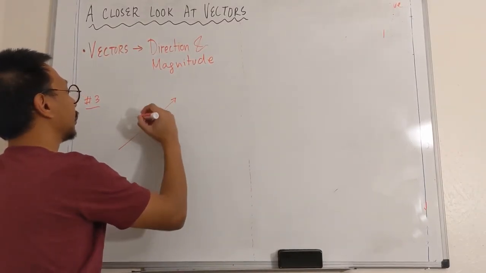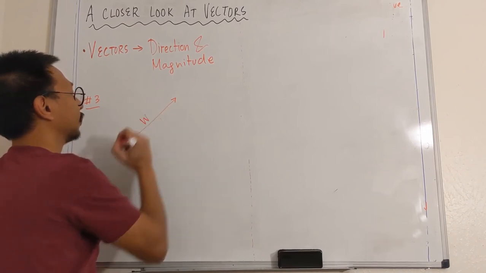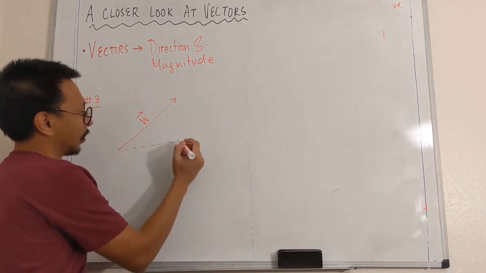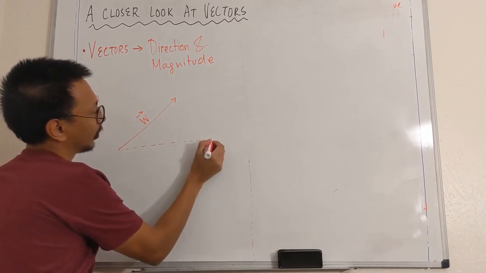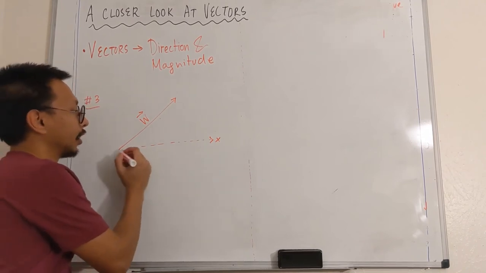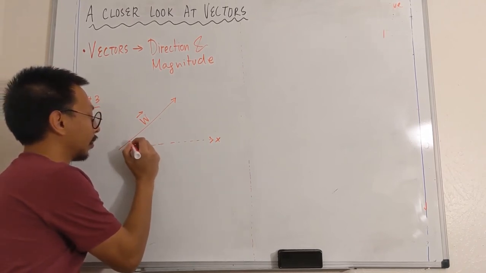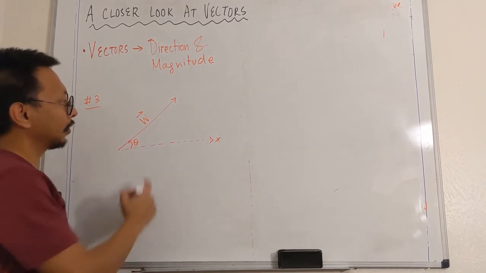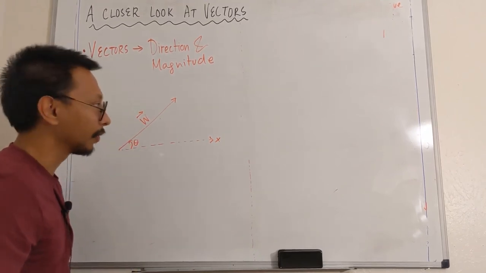Let's label it as W. Okay, so this is the W vector. It's pointed weirdly, and say we know that this is the x-axis or horizontal axis. It makes an angle theta with the horizontal axis. Okay, so vectors can also be pointed this way.